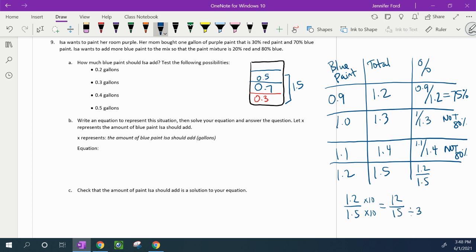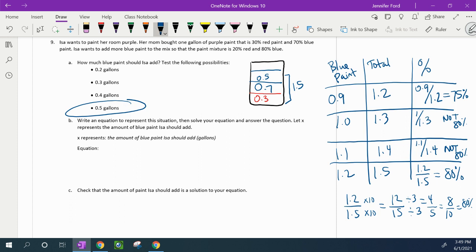And if I take that down, that's 4/5, which is the same thing as 8/10, which is 80%. So this one is 80%. So Isa should add half a gallon of blue paint into the purple to get the right color purple that she wants.